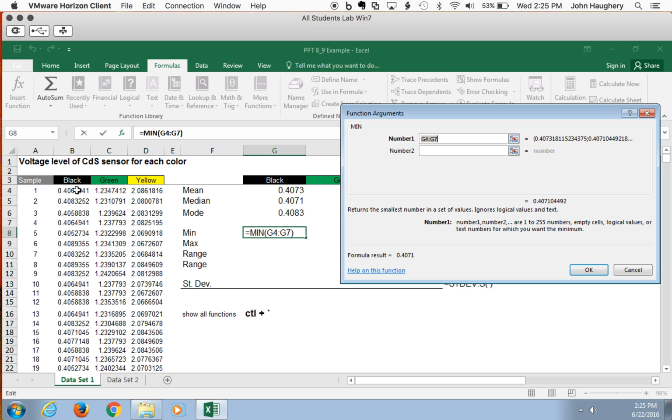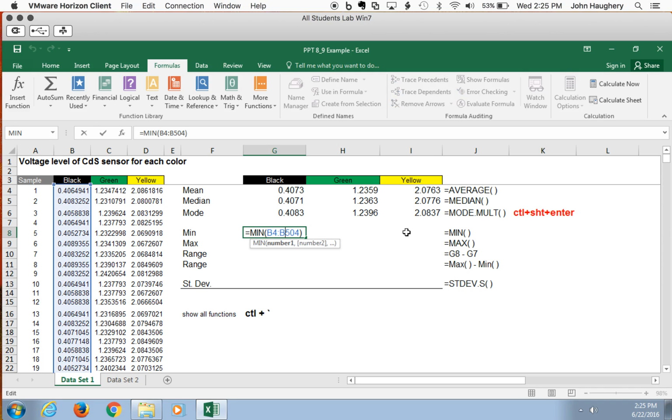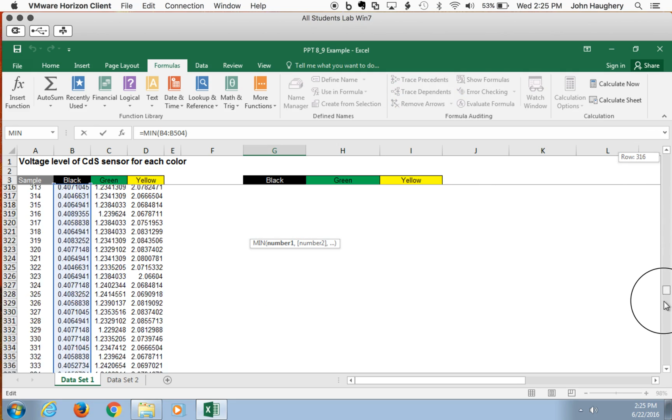I know that the first value is B4, okay? And of course, the last value is B504. So I can just go ahead and type those in. I don't need to scroll down. If I know the cells that they go to, I can just type them there. And that, of course, is my data set.